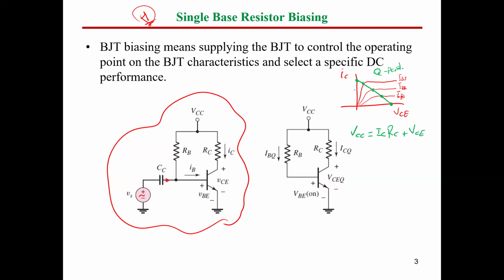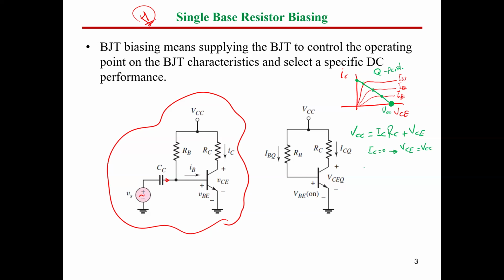So this actually represents our load line here. At this point of intersection here, the collector current equals 0. So at IC equals 0, in this equation, you will find that the value of VCE equals VCC. So this means this voltage here is VCC.